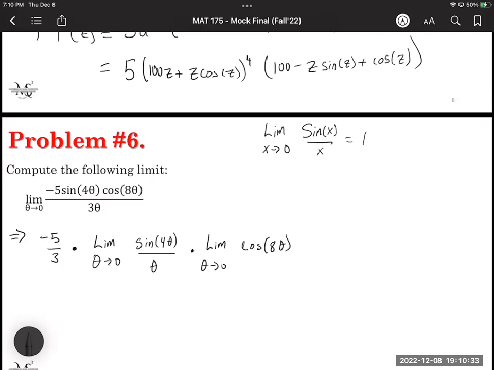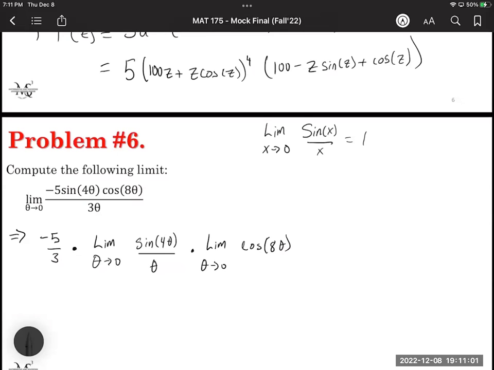I rewrite the first limit as theta approaches 0 of sine 4 theta over theta, because theta can only divide into sine or cosine, but since I know I need to use my special limit eventually, I'm going to divide it into sine, and then by the product rule for limits, times limit as theta approaches 0 of cosine 8 theta.